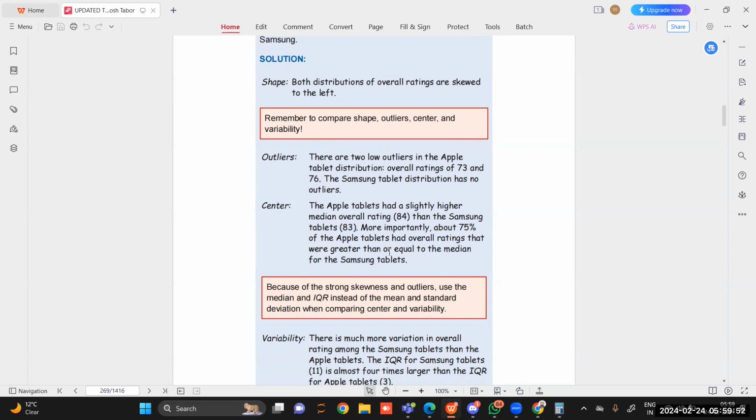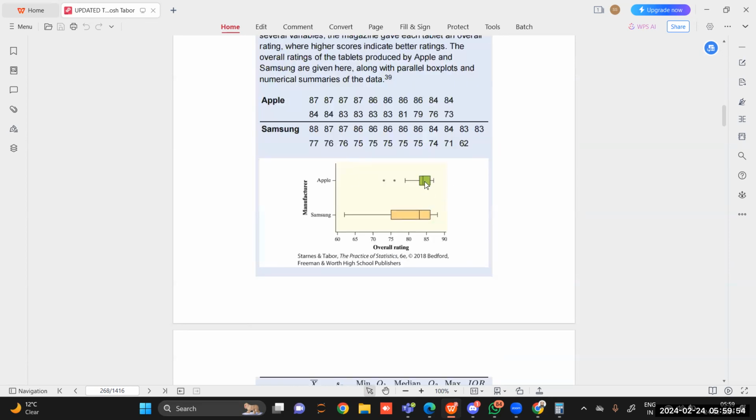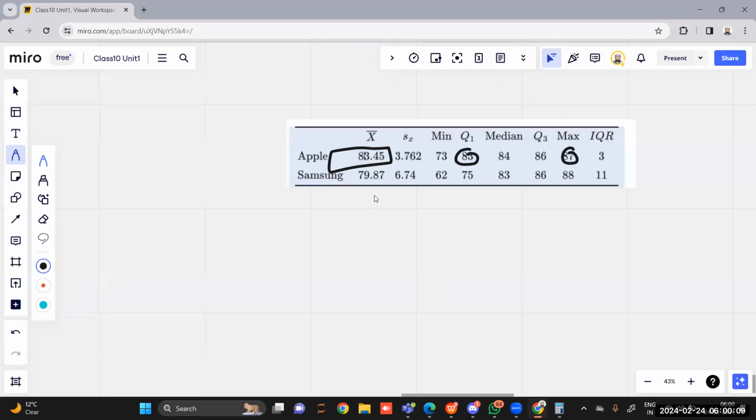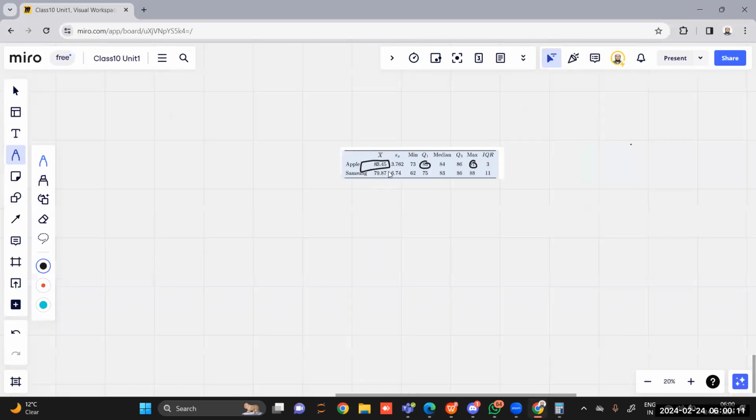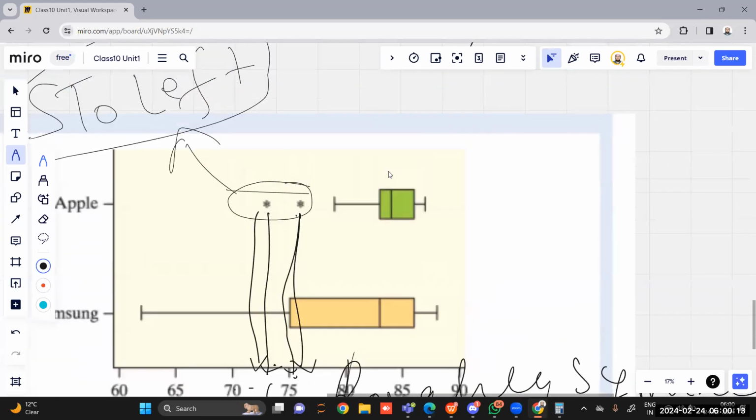for the Samsung tablets. So see here, the left side of the thing is that the rating of the Apple phones is greater than or around 75. Yes or no? Because Q1 for it is coming here. I'll go here in our case where we can plot things.